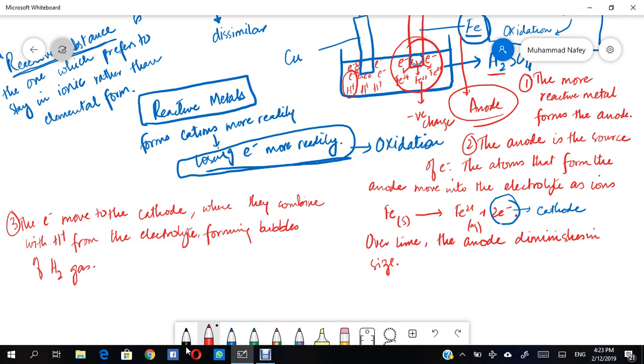So the cathodic equation would be 2H+ + 2e- gives us H2. This is aqueous and this is a gas.